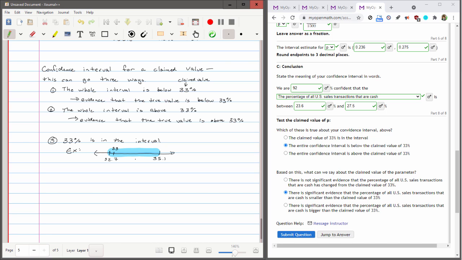Well, that means that for all we know, 33 could be the true value. But it could be any other number in the interval, right? So for example, it could be like 34.6. When we find 33 in the interval, that doesn't mean that 33 really is the true value. It could be anything in that interval. What we say is, there is no evidence that the value is not 33.